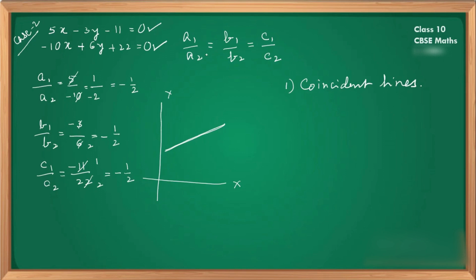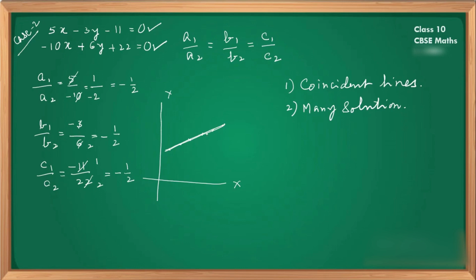It happens only when A1 by A2 is equal to B1 by B2, which is equal to C1 by C2. Now, in such cases, the solutions will be many. You will have many solutions. What is a solution? A solution is nothing but values of x and y. Suppose you can find many dots here because the lines will be coinciding.